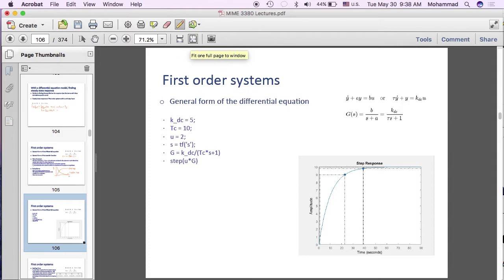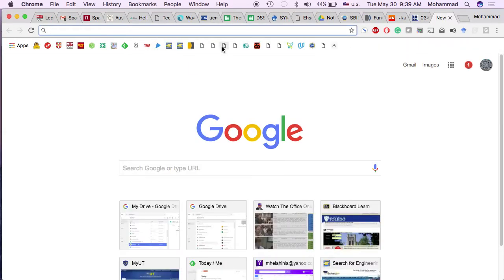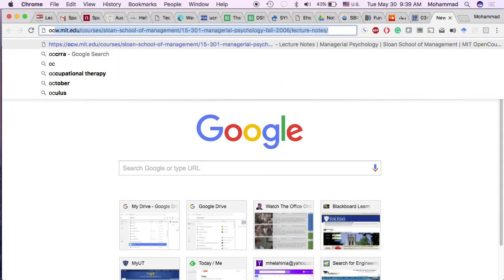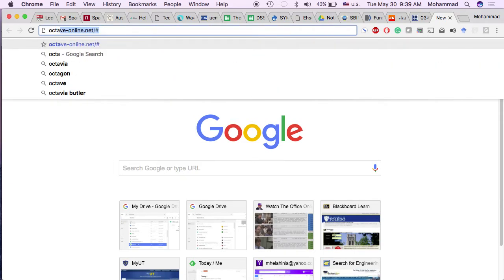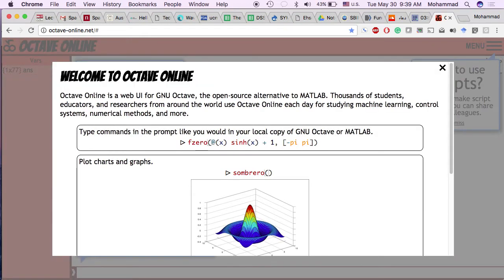If for any reason you don't have MATLAB, there is an online version of it that you can use, at octave-online.net. So if you either don't have MATLAB or you don't want to wait for MATLAB to come up, you can go to this website, and it's almost a complete version of MATLAB.